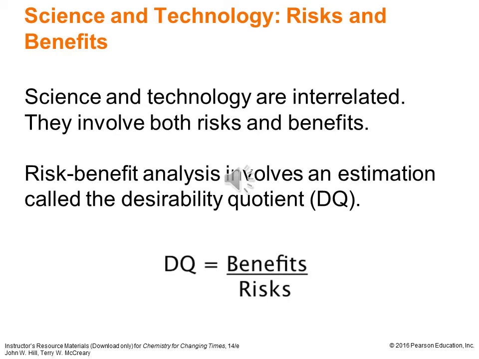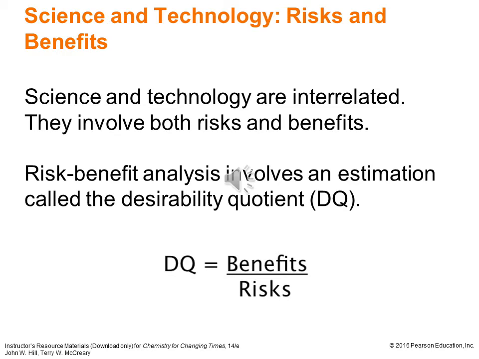All right, so more of a risk management approach to things. Let's talk about science and technologies, the risks and benefits. So science and technology are interrelated. We already talked about the technology being the more mathematical, experimental end of science, which also has that philosophical bend to it. And they both involve risks and benefits.